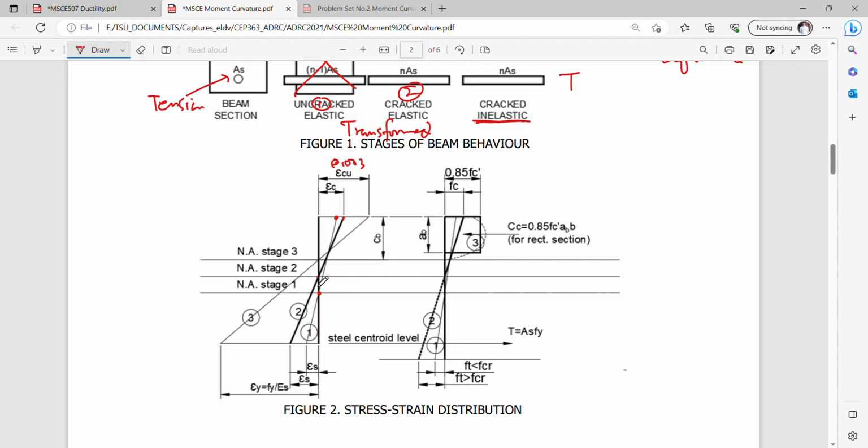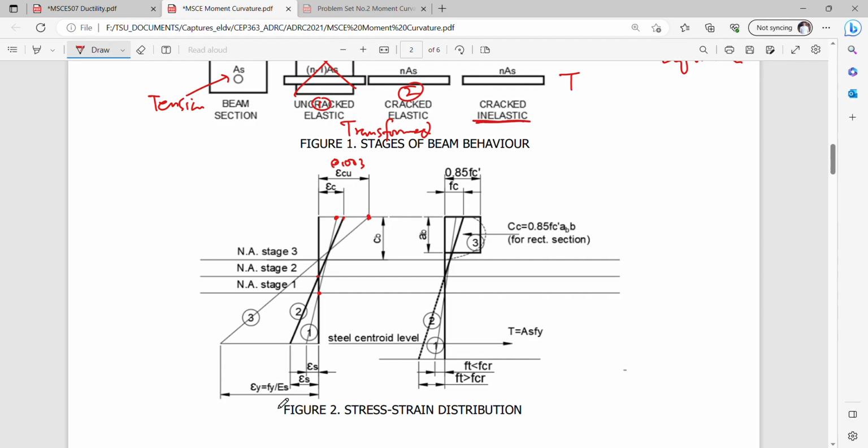Okay, so which now shows, of course, a slight increase in your concrete compression strain, but still below 0.003. And as it reaches 0.003, we expect your epsilon y to reach also your yield strain.